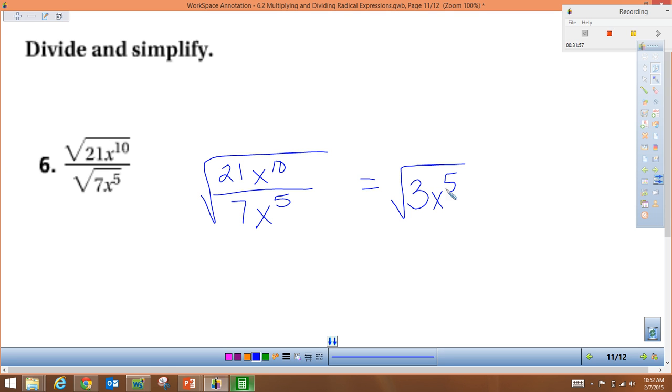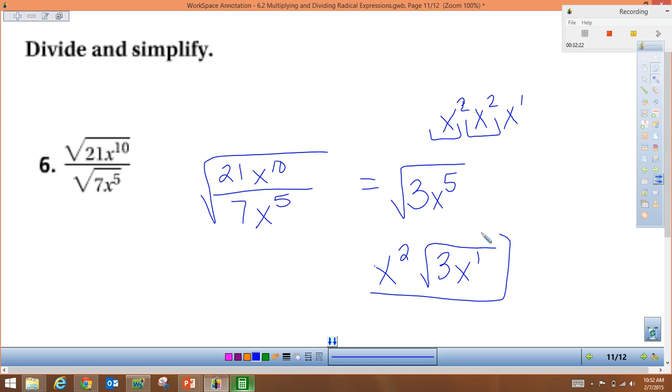So how many groups of 2 can we take out of x to the 5th? x squared, and x to the 1st. Well, we can take out 2 groups. So we get x squared. The number this time is going to stay underneath, and we have 1x left over. There's your final answer.